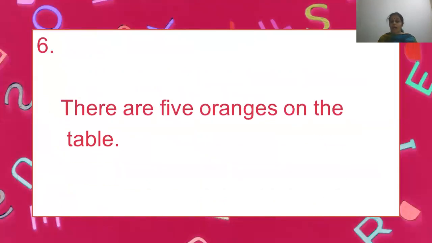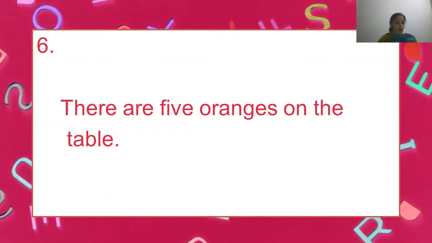There are 5 oranges on the table. Now children, till here we were describing the noun with respect to quality, right? 5 feet long, so many feet wide and so on. But now we are talking about numbers, quantity. There are 5 oranges on the table, right?